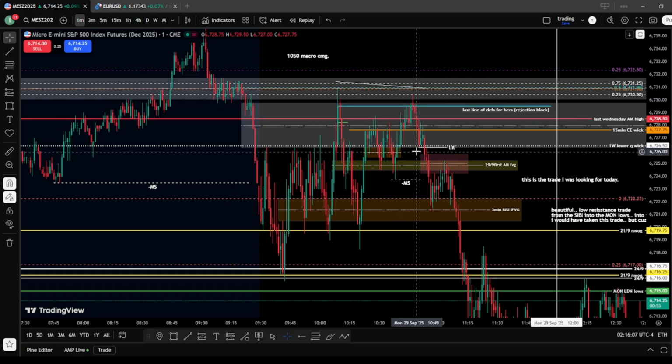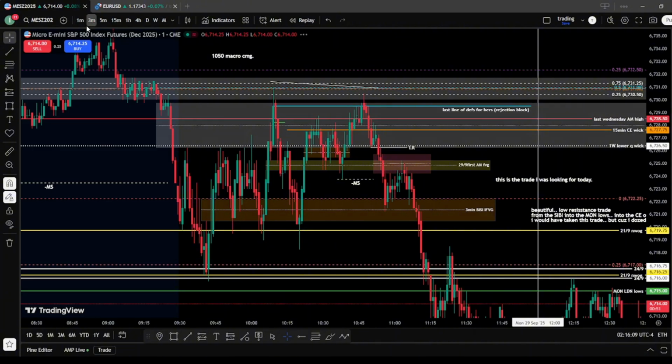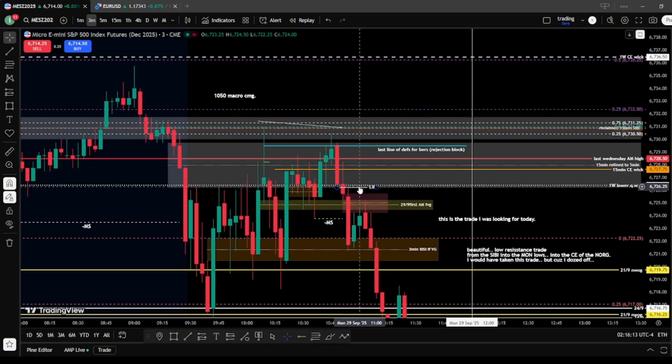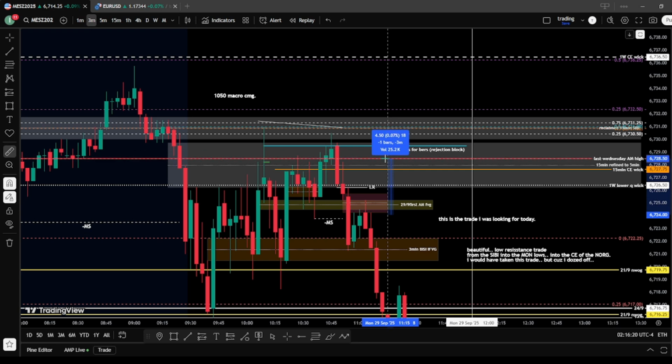And this is the 3-minute volume imbalance. You can see on the 3-minute chart, right here, volume imbalance, beautiful. Displacement with volume imbalance, definitely you can trust this one. And stop loss just placed above here.